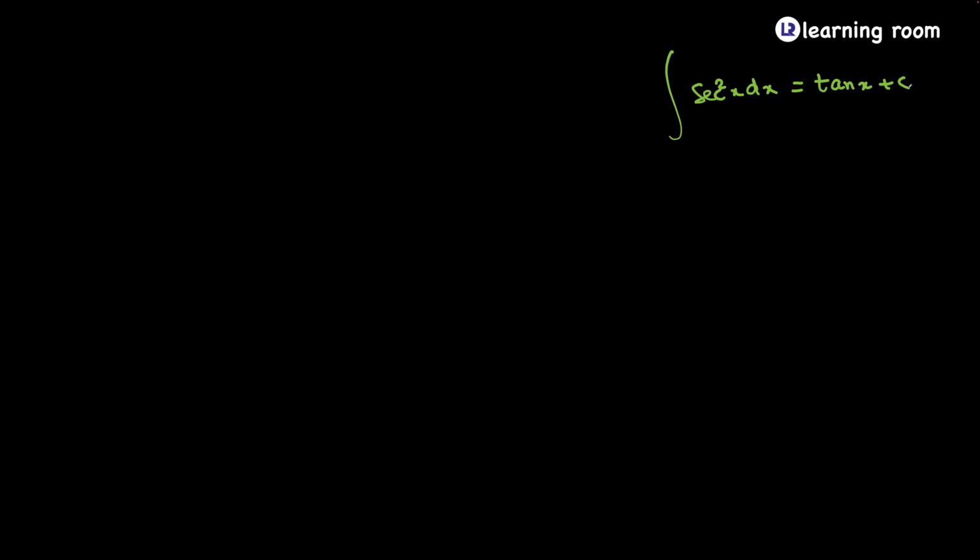But unfortunately, we don't have a direct formula for tan x. So we don't have the formula for tan x dx, right? But is there a possibility that we can derive? This is what we are going to see. It's not only about the derivation, you need to remember the final result also, right?